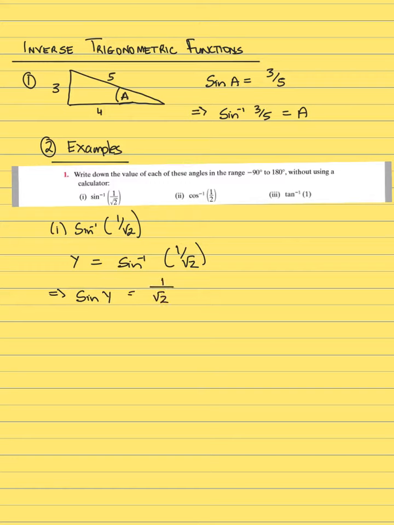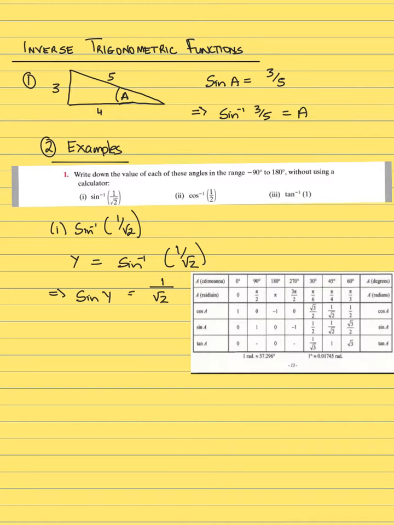If we look at our tables, we can see that the sine of some angle is 1 over root 2, and that angle is 45 degrees. So that means that y is 45 degrees. In other words, arc sine 1 over root 2 is equal to 45 degrees.